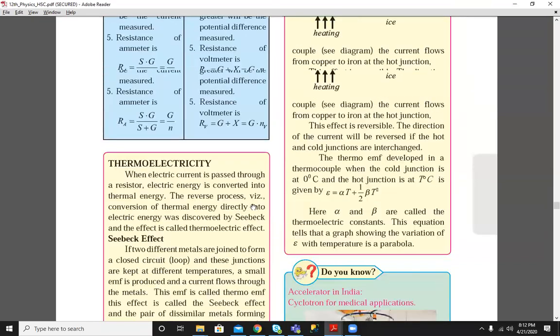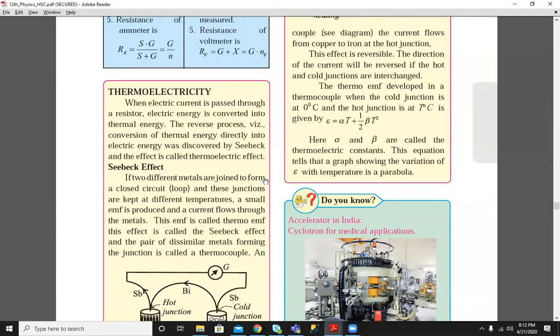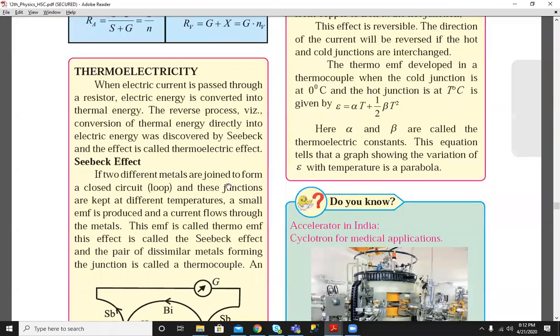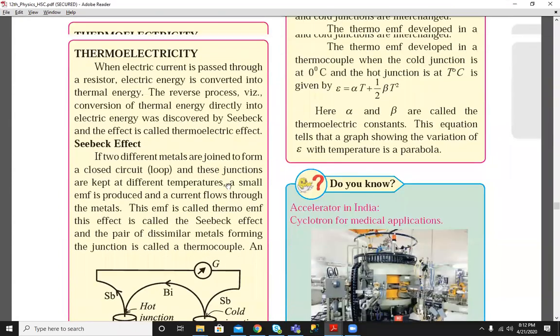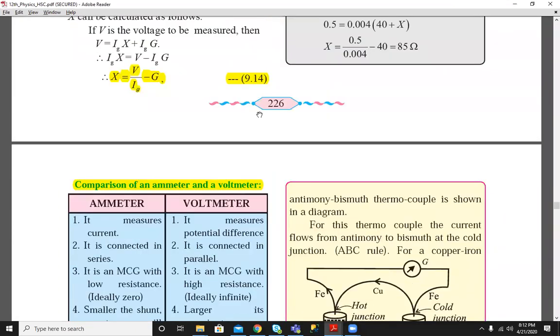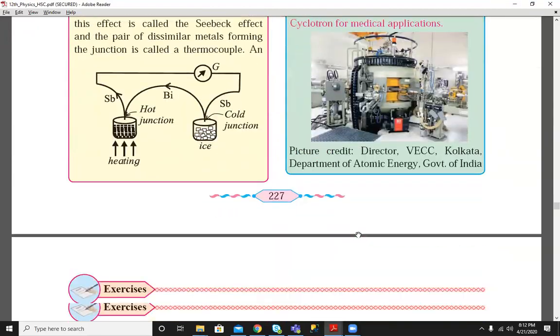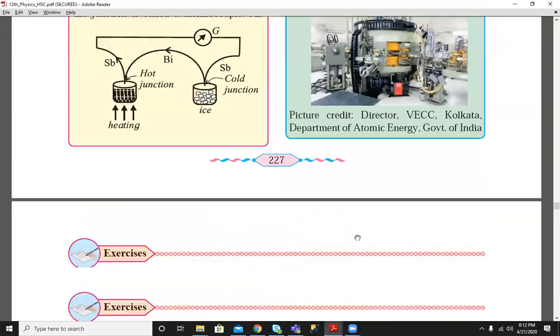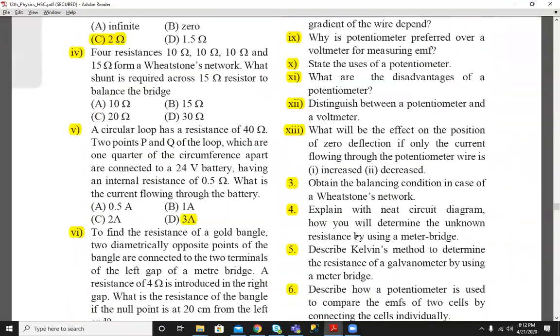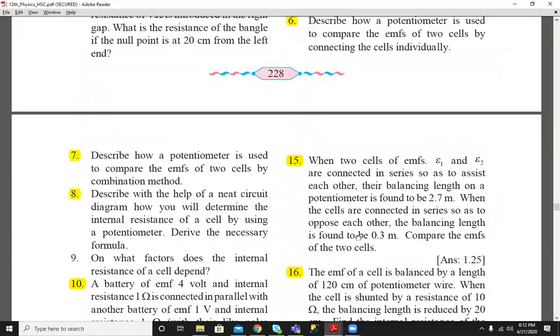Okay, let's see the sum of another topic, thermoelectricity and the Seebeck effect. So far we have covered most of the chapter.